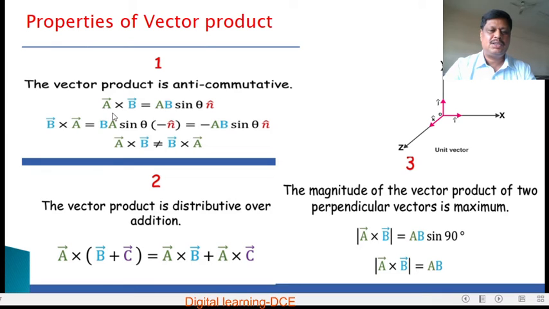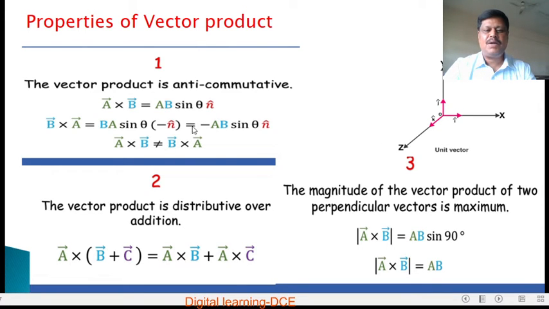We know that A cross B is equal to AB sin theta into n cap, whereas B cross A is equal to BA sin theta into minus n cap, because A cross B acts in this direction, whereas B cross A acts in the opposite direction.